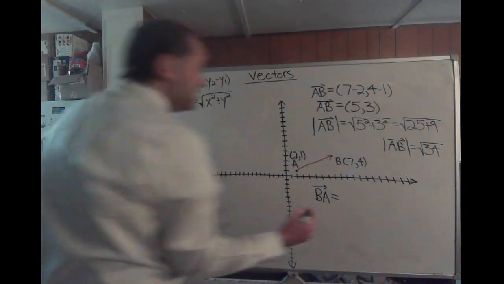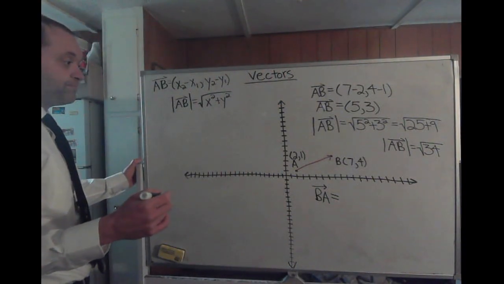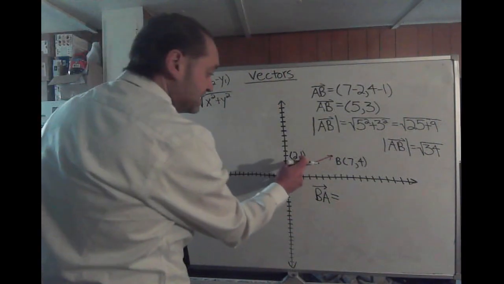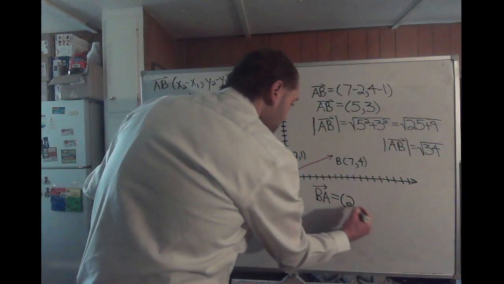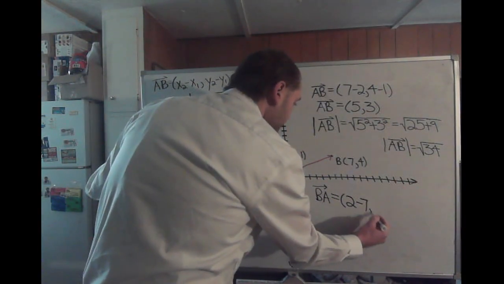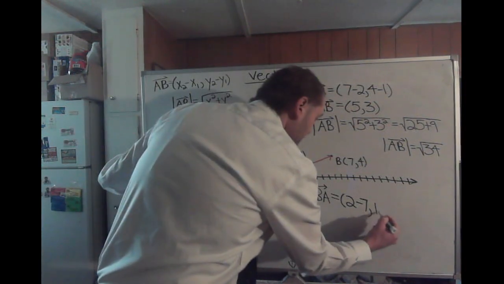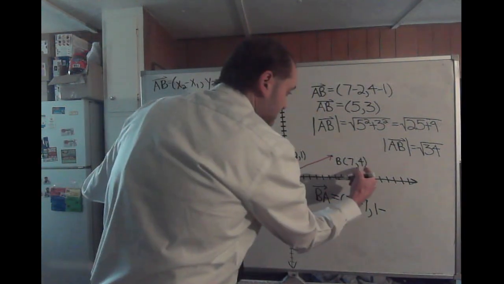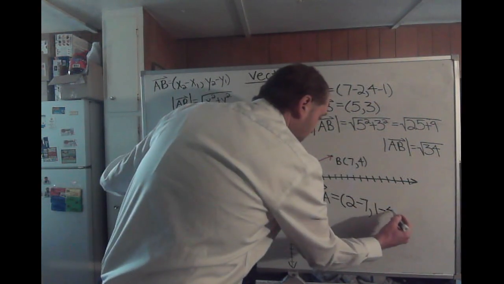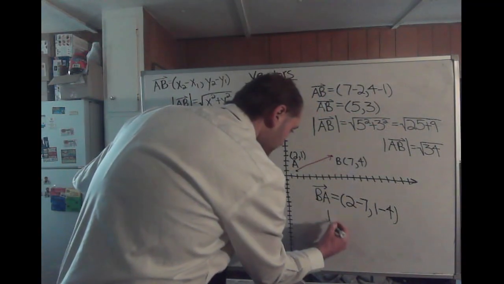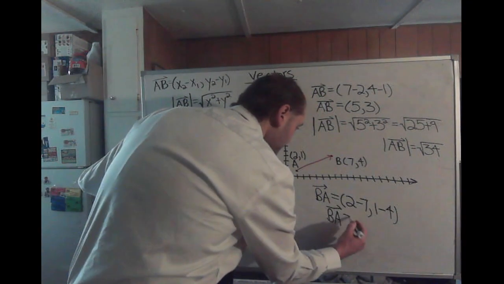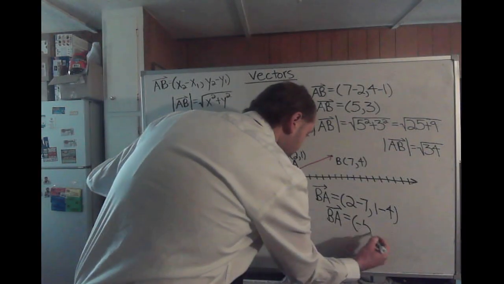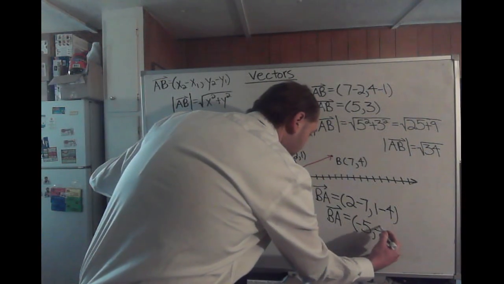Well, in this case, that means the A becomes my second coordinate, so I would take 2 minus the first coordinate of 7, and then 1 minus the y coordinate of 4, and the value of vector BA would be -5, -3.